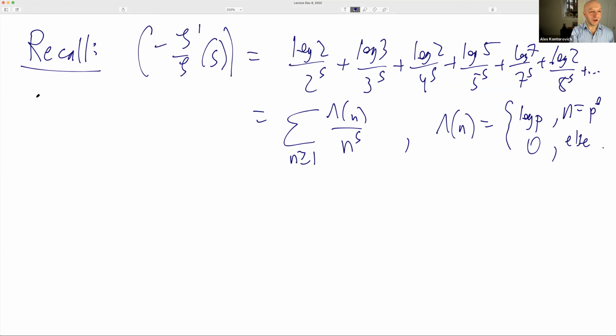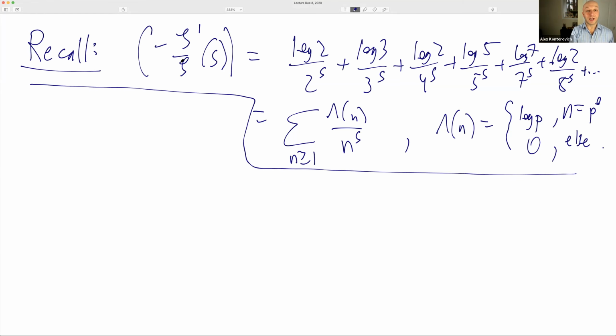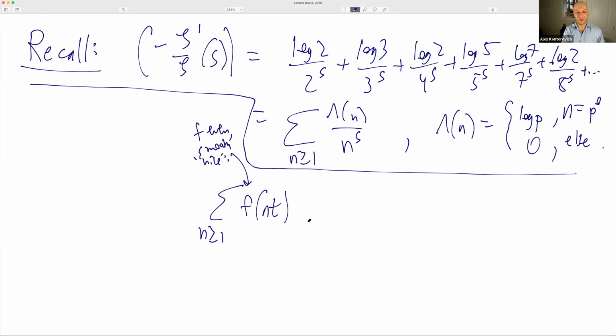We got there by getting a functional equation and analytic intuition for zeta by taking any nice function. Let's say f is even, smooth, and nice. So these are the values.